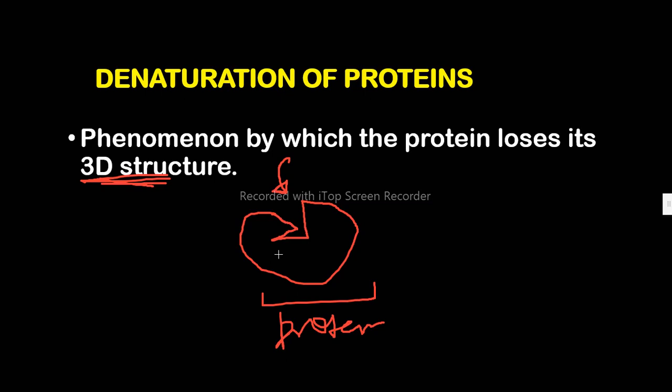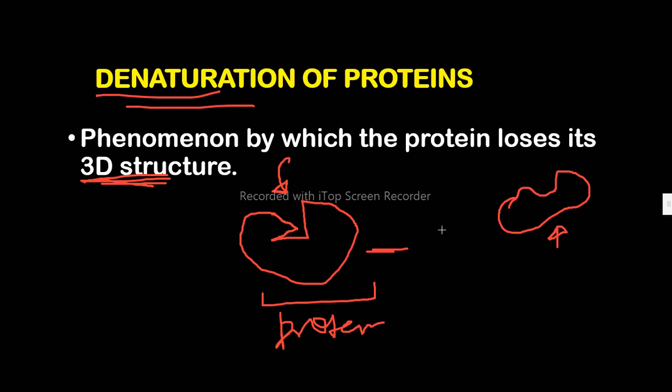So if something changes the shape of this active site, then the enzyme will be rendered inactive, denatured, and it cannot carry out any catalytic activity. This phenomenon whereby a protein loses its 3D shape is what we call denaturation.